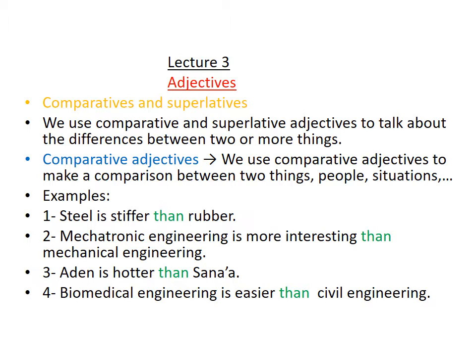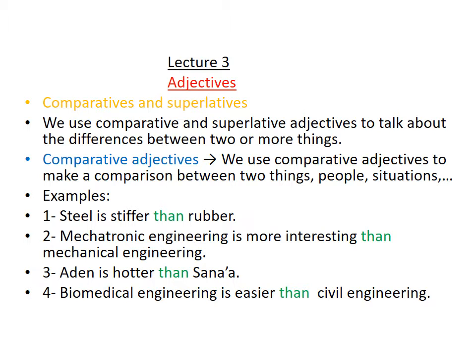Number 4, biomedical engineering is easier than civil engineering. The same thing here, we are comparing between two things. Biomedical engineering and civil engineering. What is the adjective? The adjective is easy, easier than, comparative.